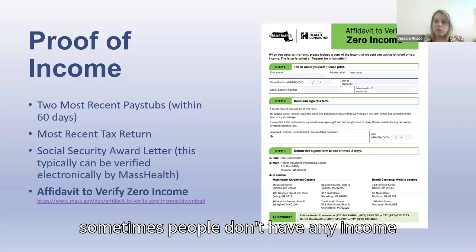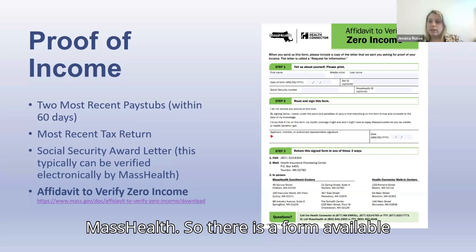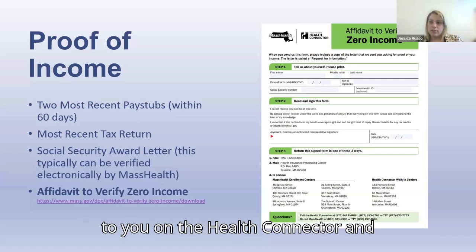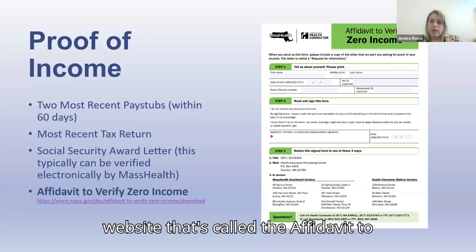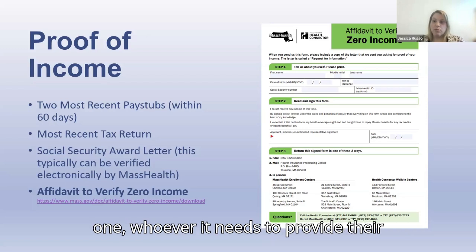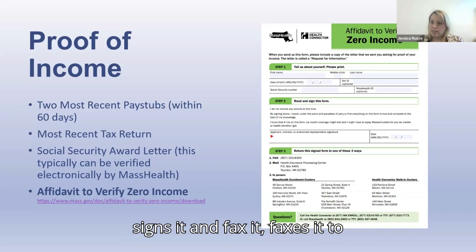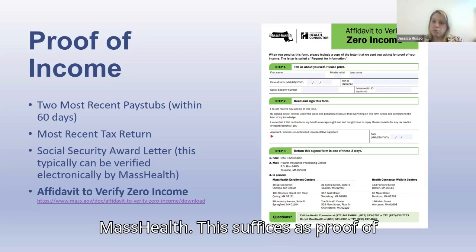However, sometimes people don't have any income and they don't know how to prove that to MassHealth. So there is a form available to you on the Health Connector website that's called the Affidavit to Verify Zero Income. You or your loved one, whoever needs to provide their proof of income, fills out this form, signs it, and faxes it to MassHealth. This suffices as proof of income.